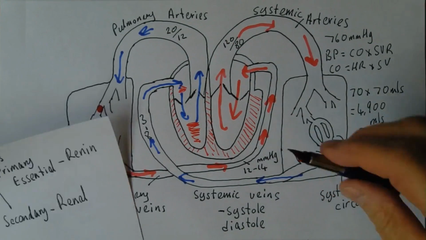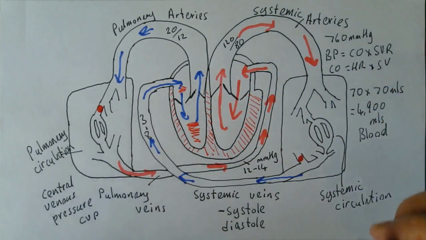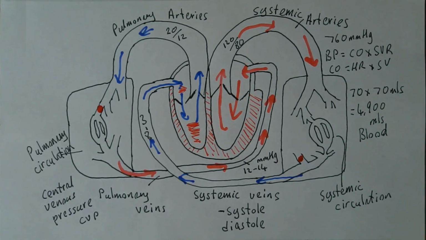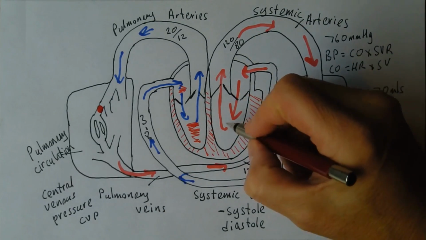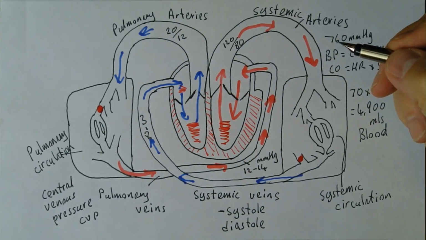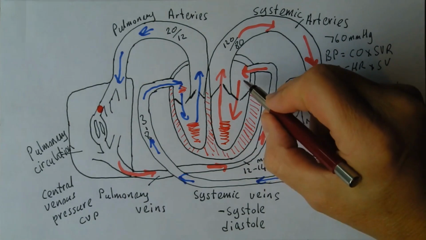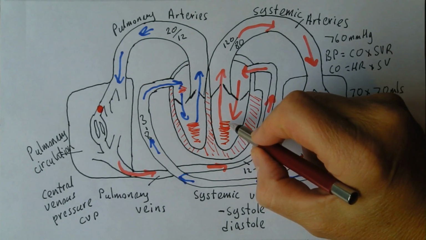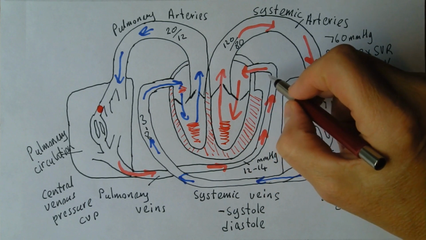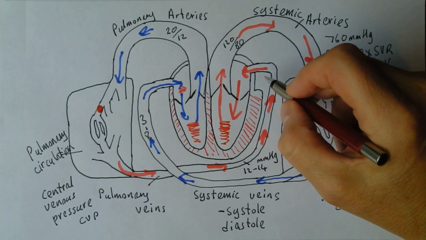And if the left ventricle fails, if the left ventricle is not pumping the blood out properly, then that will mean that there's some blood left in the left ventricle at the end of systole. That's going to make it harder for the blood to get from the left atrium into the left ventricle. That means the blood is going to find it harder to get from the pulmonary veins into the left atrium.